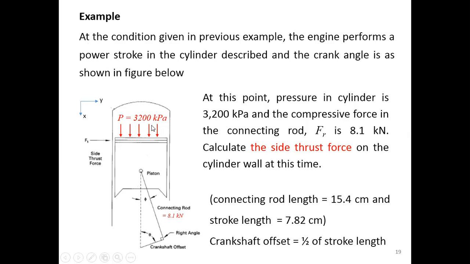At this point, the pressure in the cylinder is 3200 kPa. And there is a compressive force in the connecting rod because the piston is moving down. So the force acting on the connecting rod is a compressive force equal to 8.1 kilonewtons.